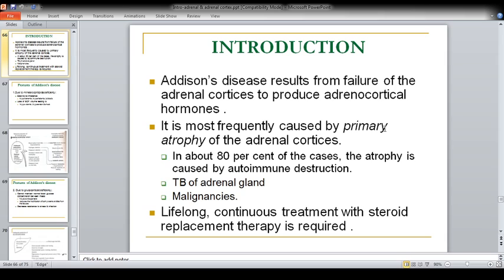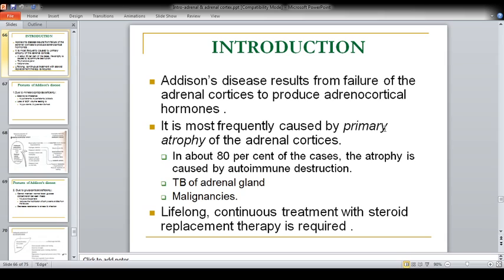So adrenal cortical cells just shrink in size or die, and they stop doing their function, that is releasing the adrenocortical hormones. Now we already know the function of adrenocortical hormones. Cortisol is very important for the development of the body, for the maintenance of normal metabolism of the body, and the production of energy.